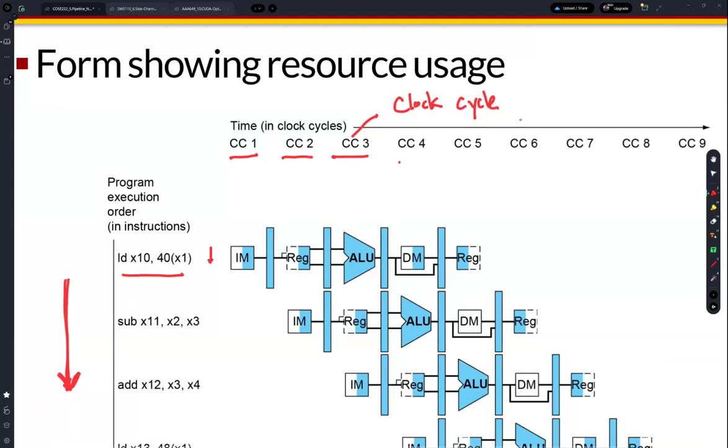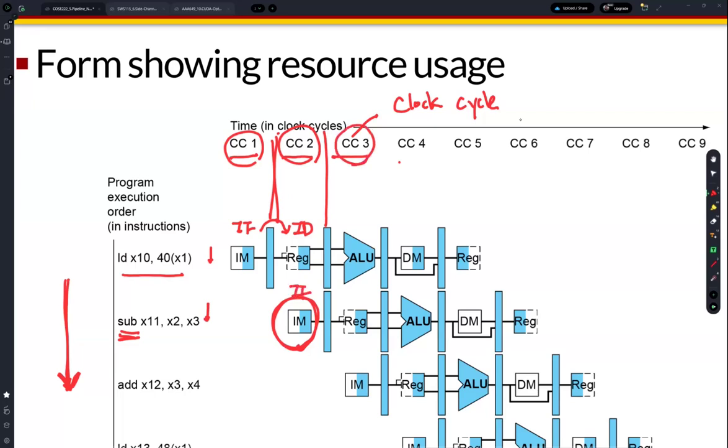In clock cycle 1, the load instruction is in the instruction fetch stage, right? And then in clock cycle 2, the load instruction is propagated to the ID stage. At the same time, in the same clock cycle, the next instruction, the sub instruction, is fetched. So the sub instruction is in the instruction fetch stage.